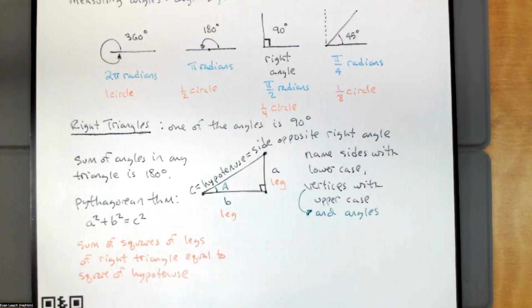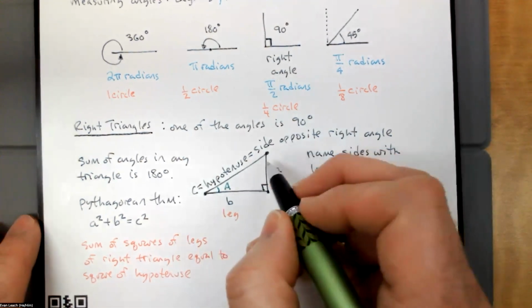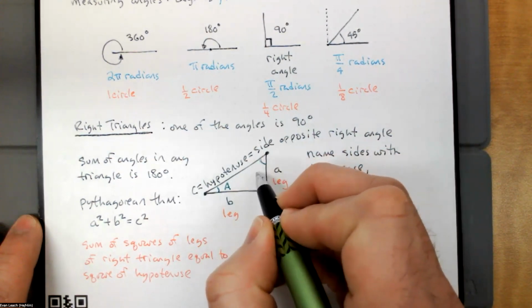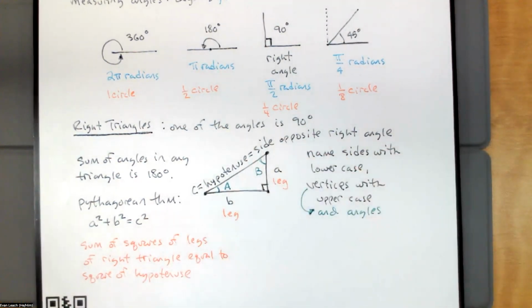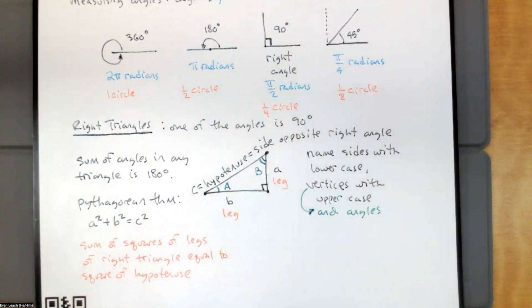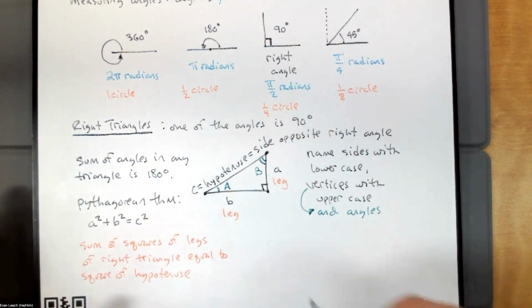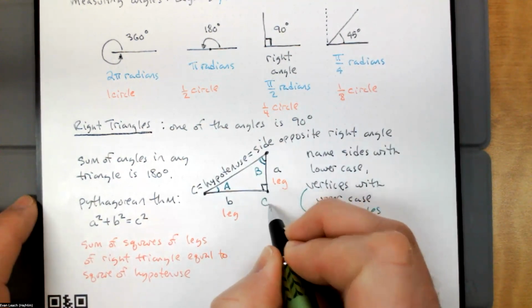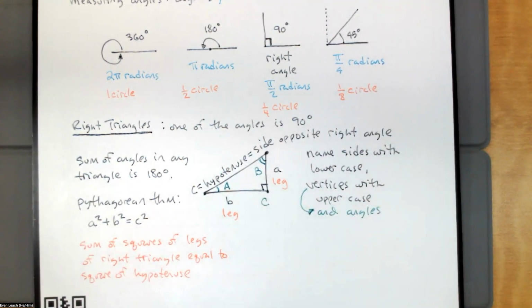If lowercase b is one side, the angle opposite lowercase b is angle B, uppercase B. And that would make the right angle capital C. It's even worse with C because lowercase c and capital C look the same.